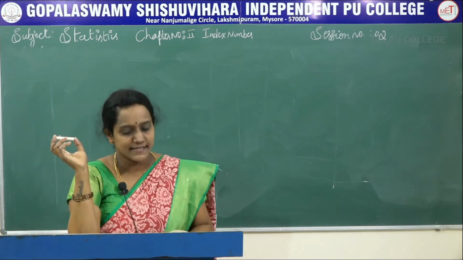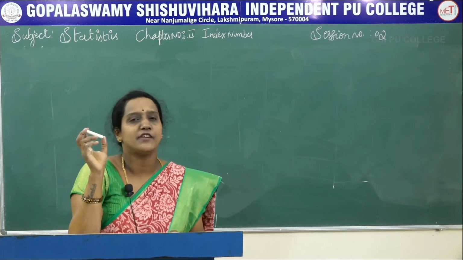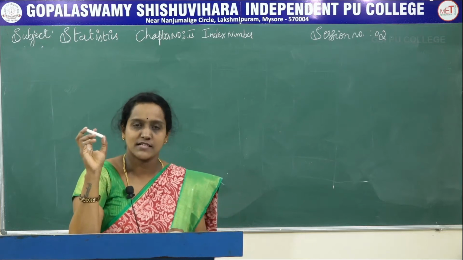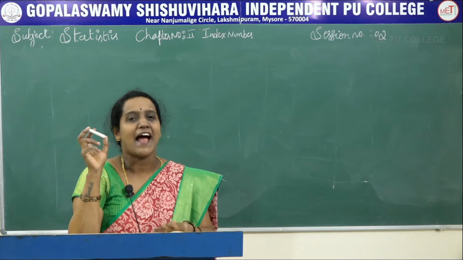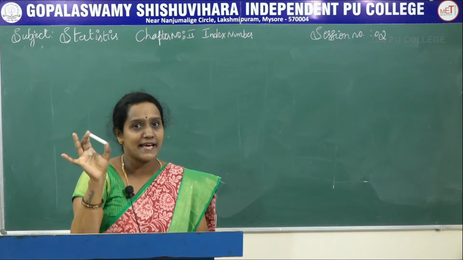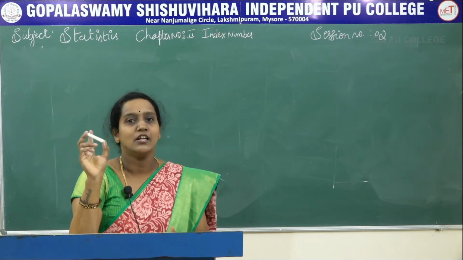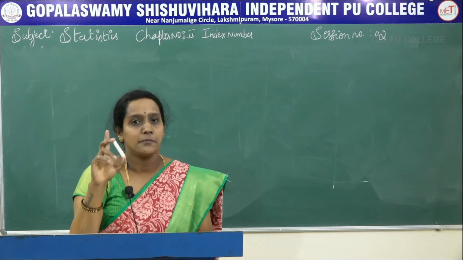For weighted price index number, we have 5 different methods. That is Laspeyres price index number, Paasche's, Marshall-Edgeworth, Dorbish-Bowley and Fisher's. These 5 indices we are going to calculate in one single problem.